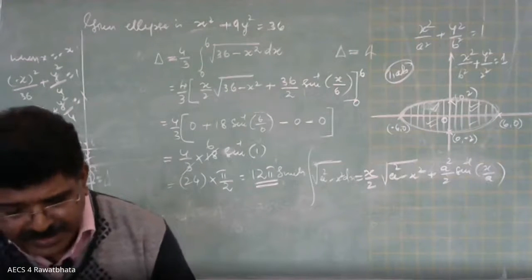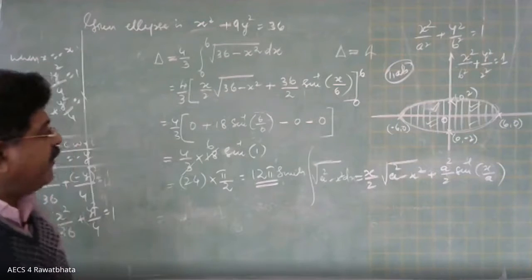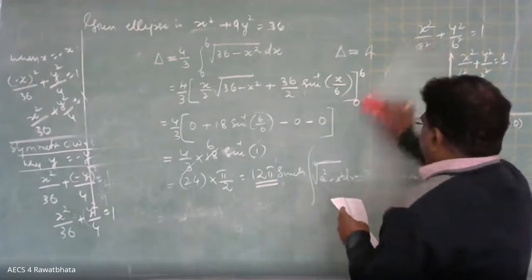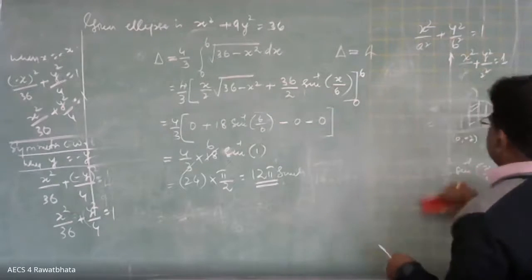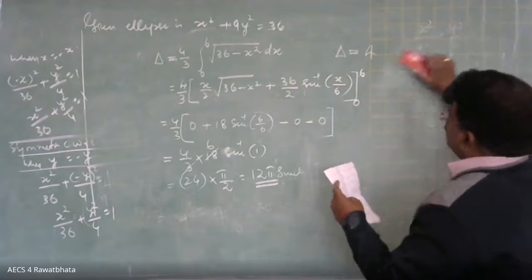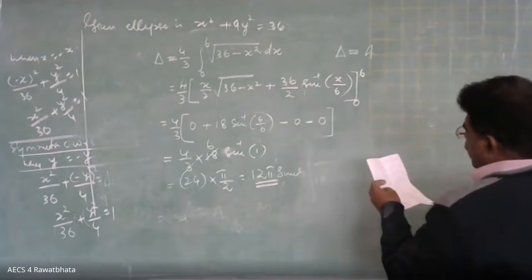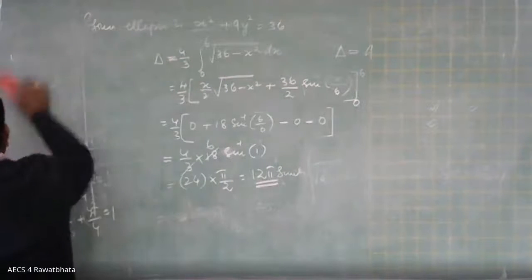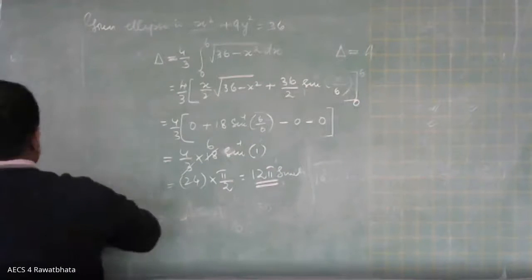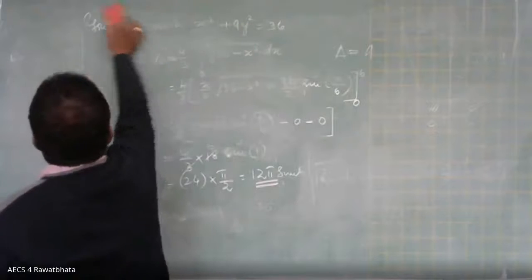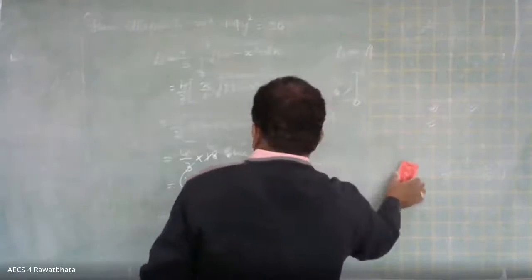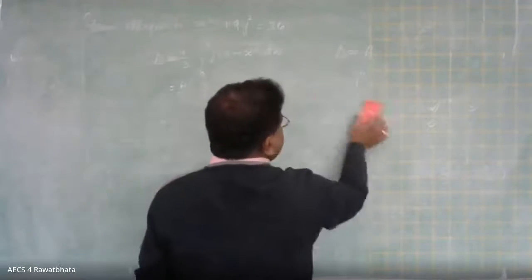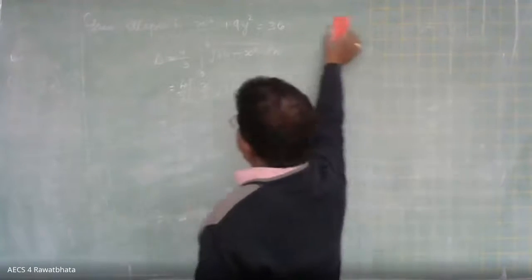Find the common area enclosed by the parabolas y squared is equal to x and x squared is equal to y. Very interesting question, it has also been asked. Very simple and interesting.